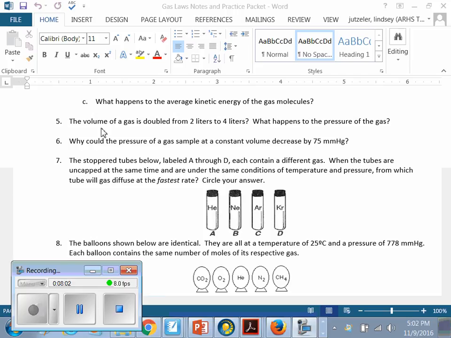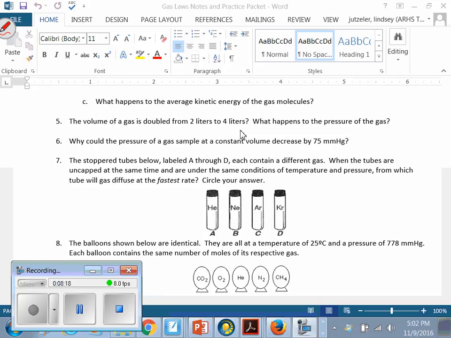Okay, if the volume of a gas is doubled, so I'm going to make the volume larger, from 2 liters to 4 liters, what happens to the pressure? I want you to think back to your marshmallow example.